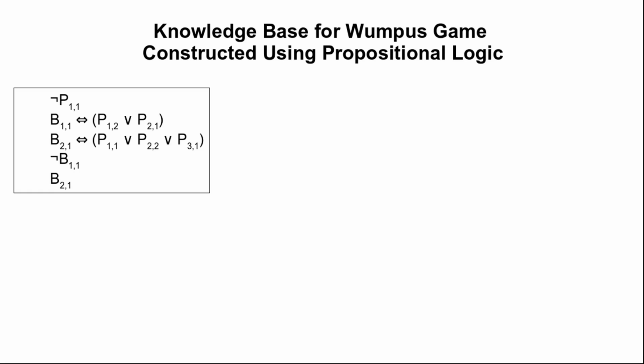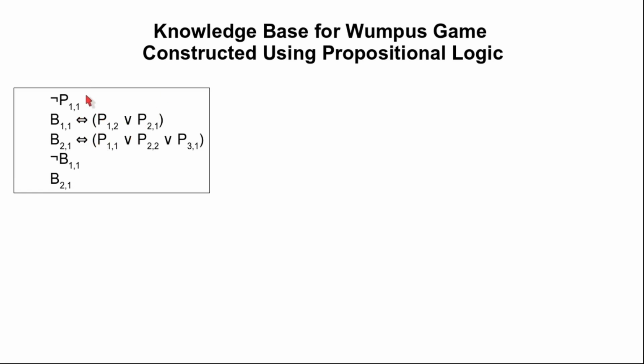In the last class, we created the knowledge base for the Wumpus game using propositional logic. We introduced the rules of the Wumpus game in one of the earlier classes. The knowledge base that we created in the previous class in propositional logic is something like this.